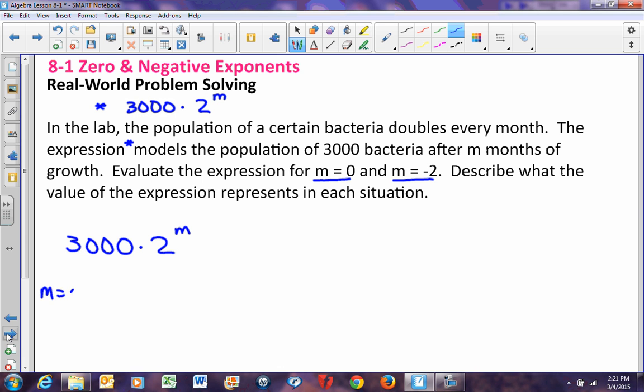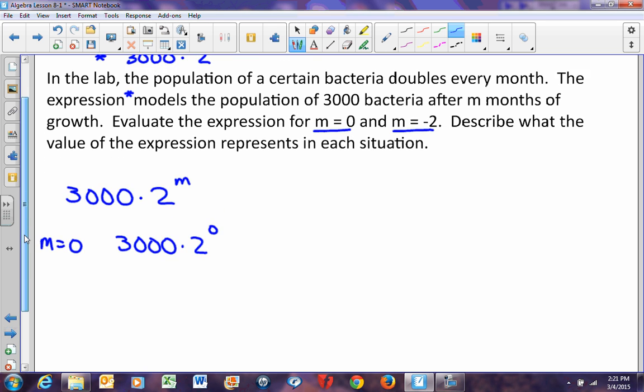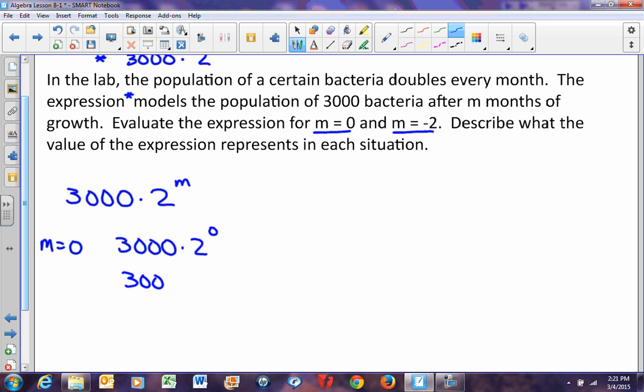So when m equals 0, I will have 3,000 times 2 to the 0 power. Anything to the 0 power is 1. So this is 3,000 times 1, which is 3,000.